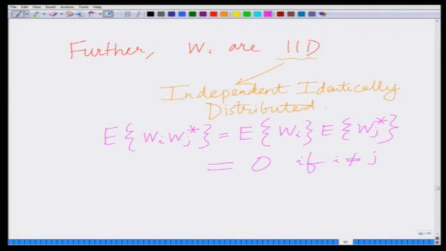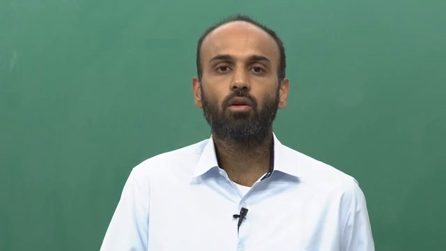Therefore, what we have is the expected value of Wi times Wj conjugate is equal to 0 if i is not equal to j, and if i is equal to j, this becomes the expected value of magnitude Wi squared, which is equal to sigma square, that is the variance or the power of the noise.